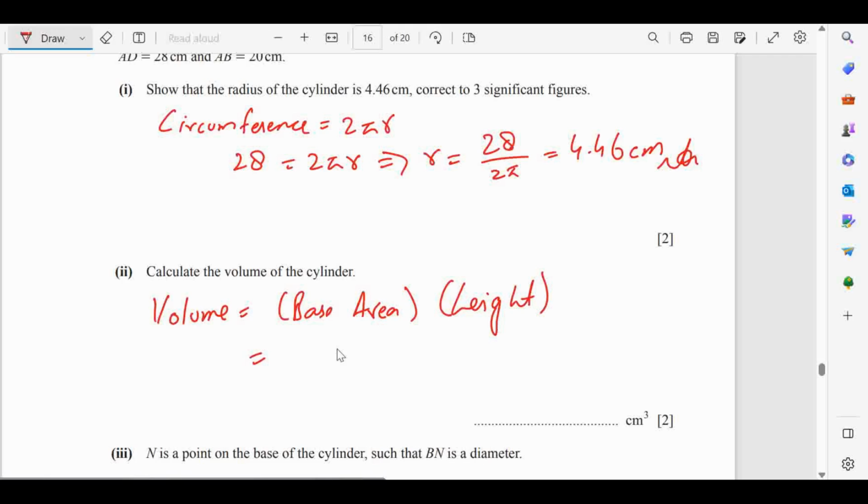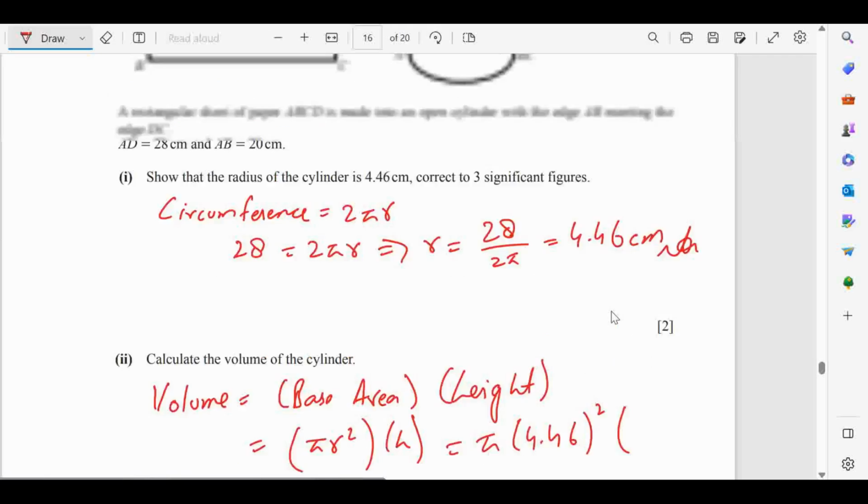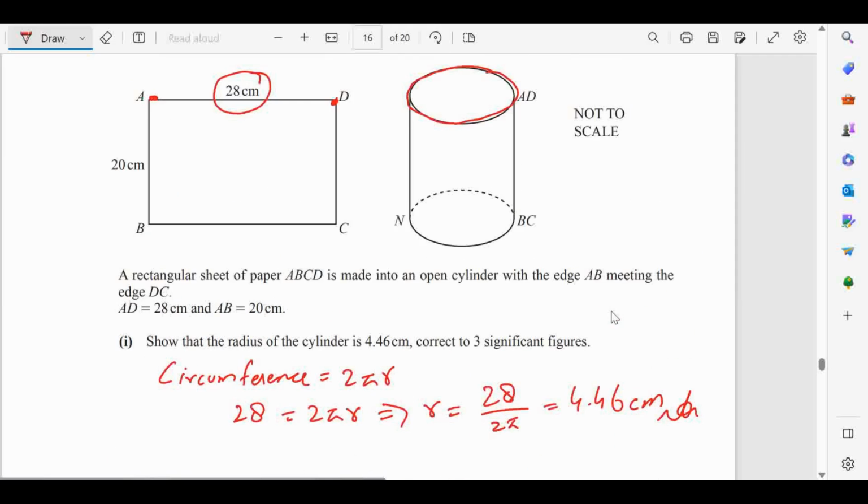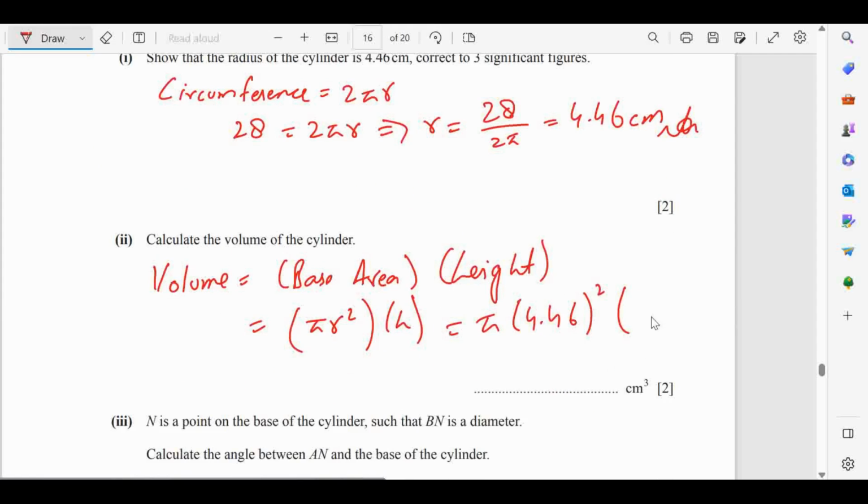Now, as we know that the base is the circle, so the area for the circle is pi r square into height. Now, pi, the r was 4.46 square into height. What was the height? We don't know. Yes, this was the height, the distance. So 20 will be the height.